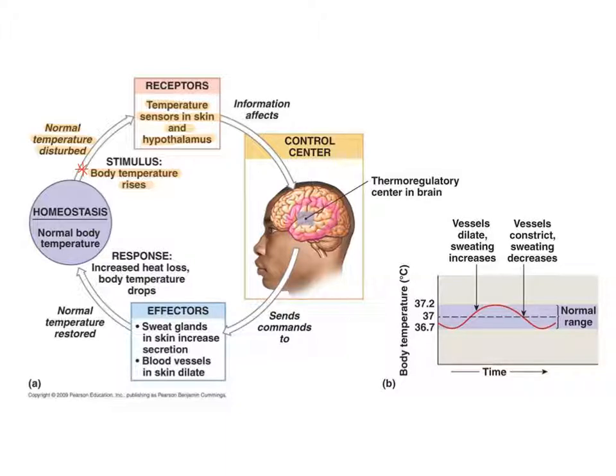That sends a command to the sweat glands in the skin to increase secretion, and to the blood vessels in the skin to dilate. That's a response. The heat is lost, the body temperature drops, and returns to normal. This is a stimulus-response process.